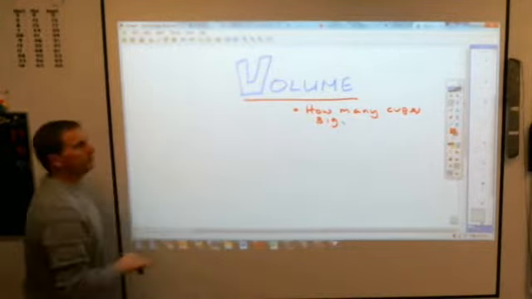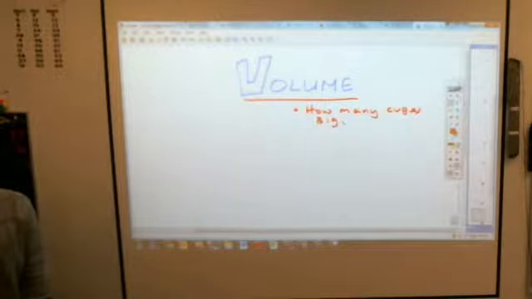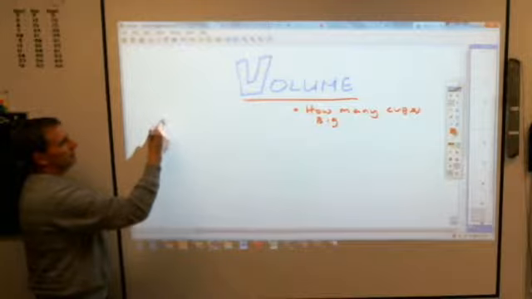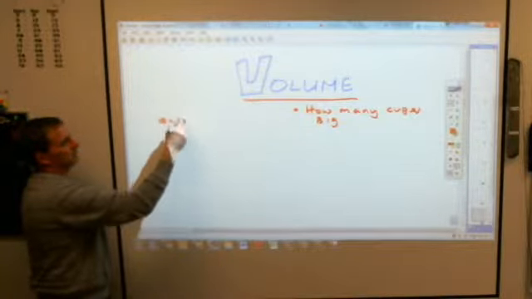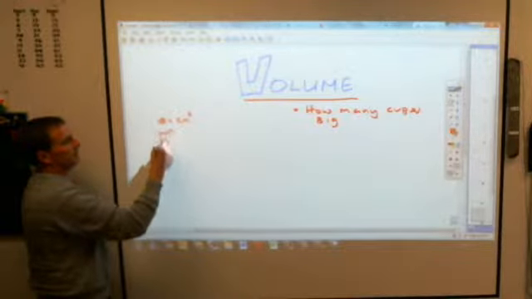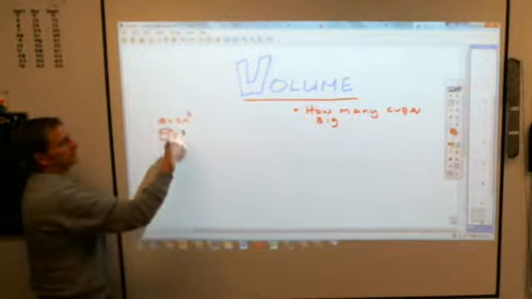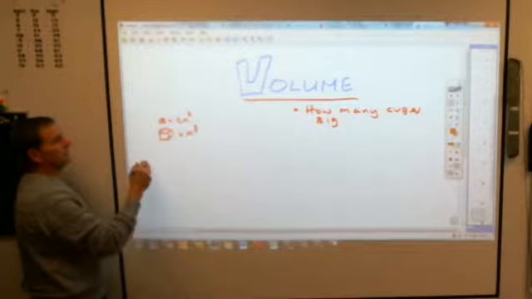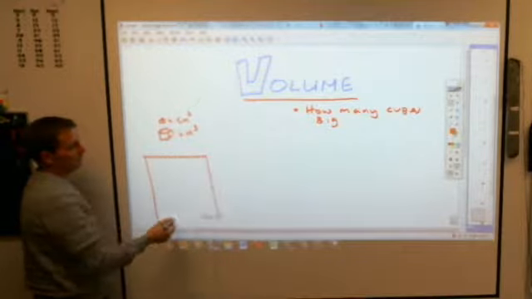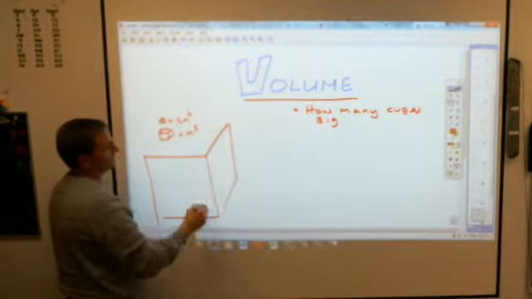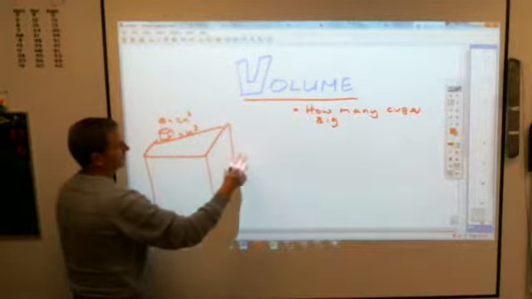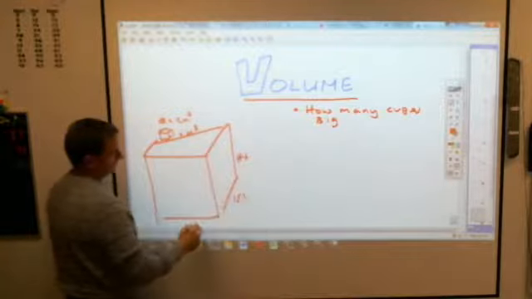And it all depends on what size the cube you're working with is. A cubic centimeter isn't terribly big. A cubic inch is a little bit bigger because it's an inch on every side. A cubic foot, 1 foot by 1 foot by 1 foot, is a decent size thing.